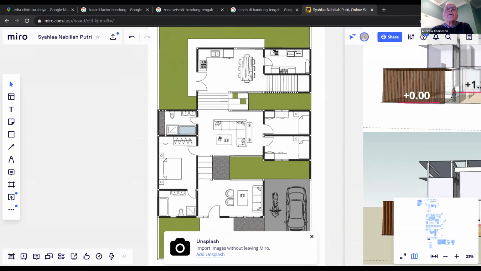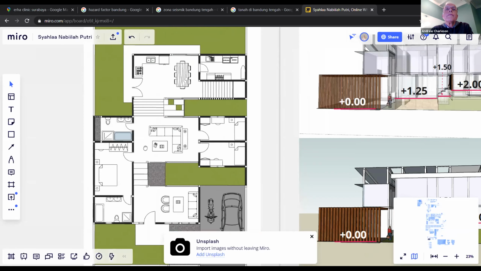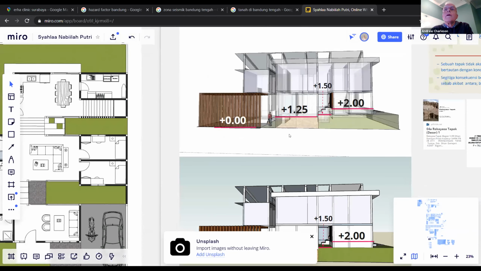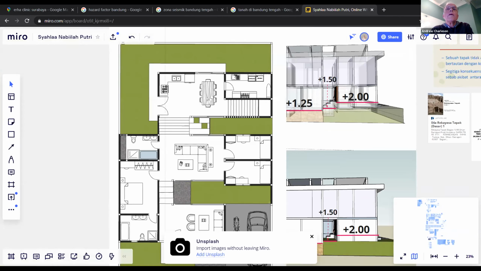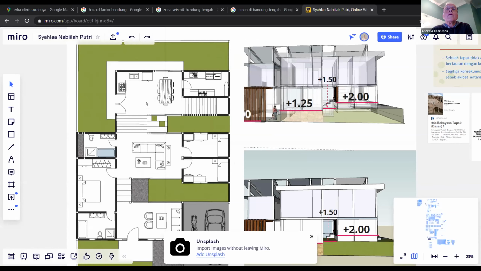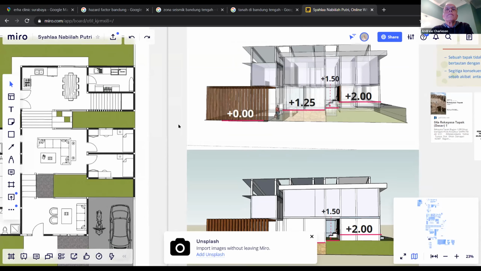This is the first one, and this is the second one, and then next to the second floor. The split level is quite high from the 0.0 elevation. From this second split level, the floor height from the ground is 2 meters.